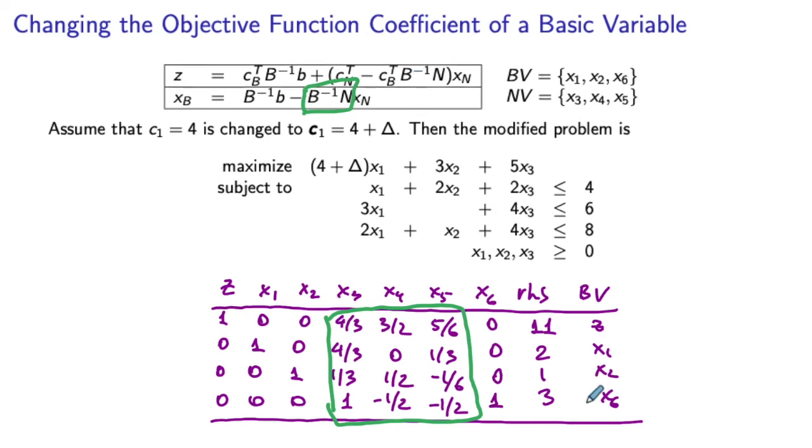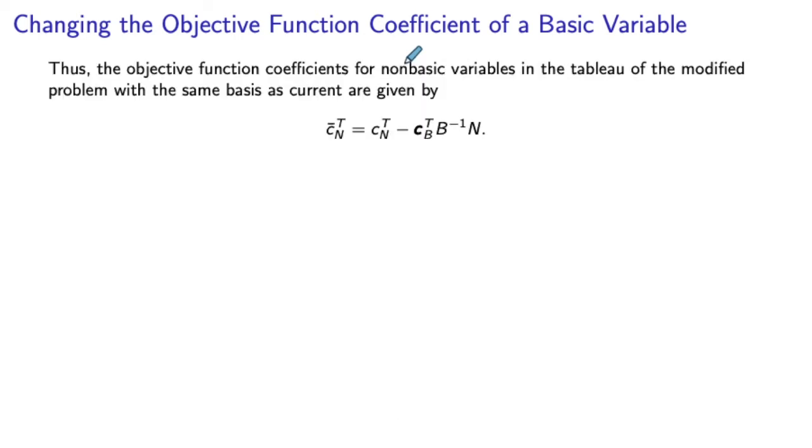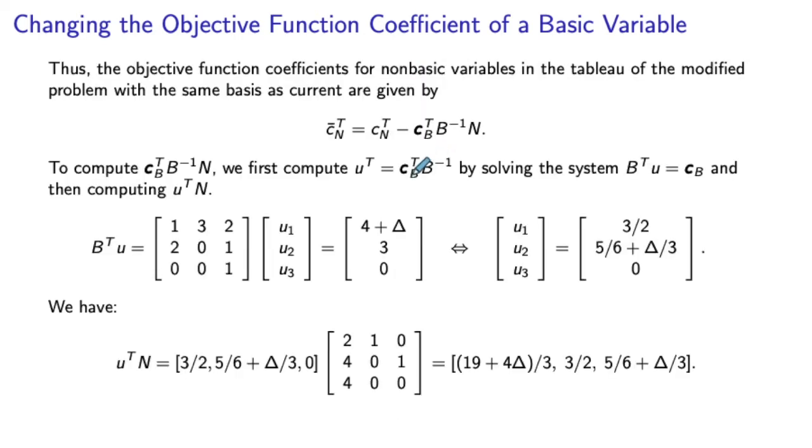If we are not given the optimal tableau, then we can compute this part by first solving the linear system that will give us CB transpose times B inverse, then multiply that solution by n and subtract from Cn transpose. This is demonstrated here. We essentially replace CB transpose B inverse with this U transposed here.